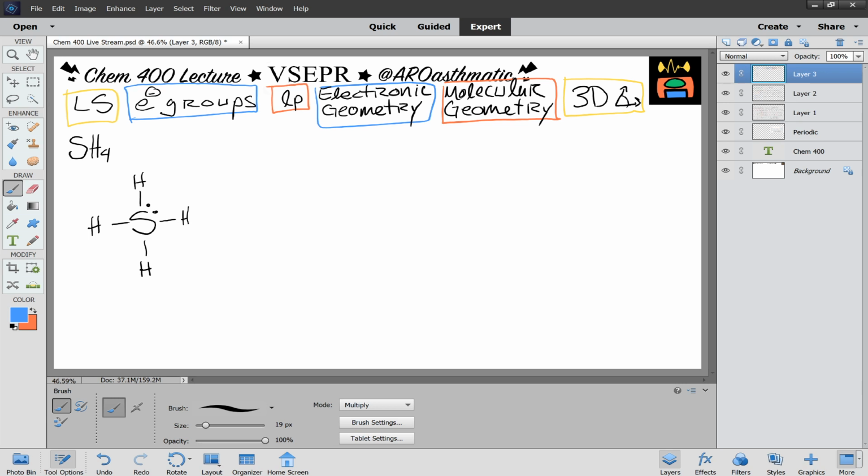Now, when you look at the number of electron groups on our central atom, we have 4 atoms and 1 lone pair. My pen just got huge. 4 atoms, 1 lone pair.